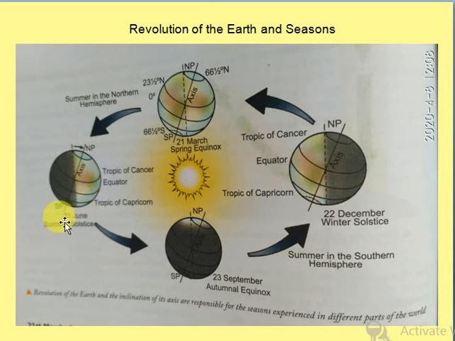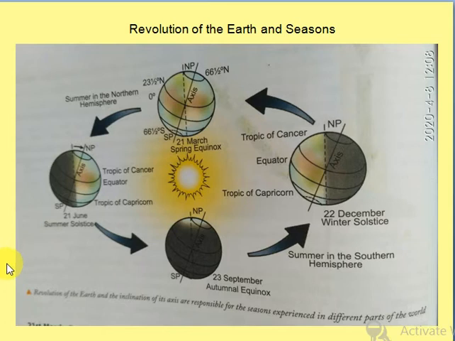The North Pole is inclined toward the sun, and the places beyond the Arctic Circle experience continuous day and night. Daylight for about 6 months.